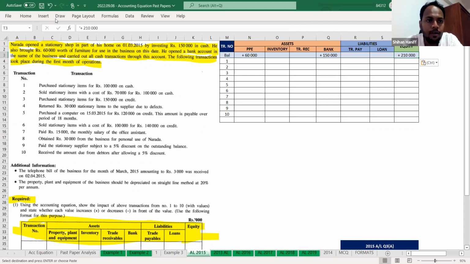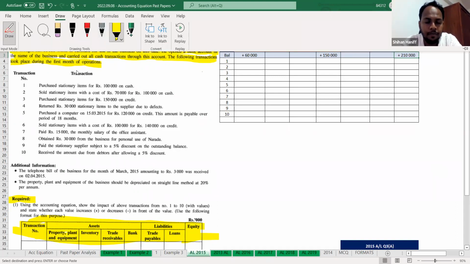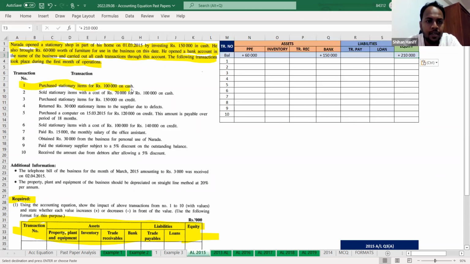Now let's do the first transaction. Number one: purchased stationery items for 100,000 in cash. If we purchase stationery, what happens?